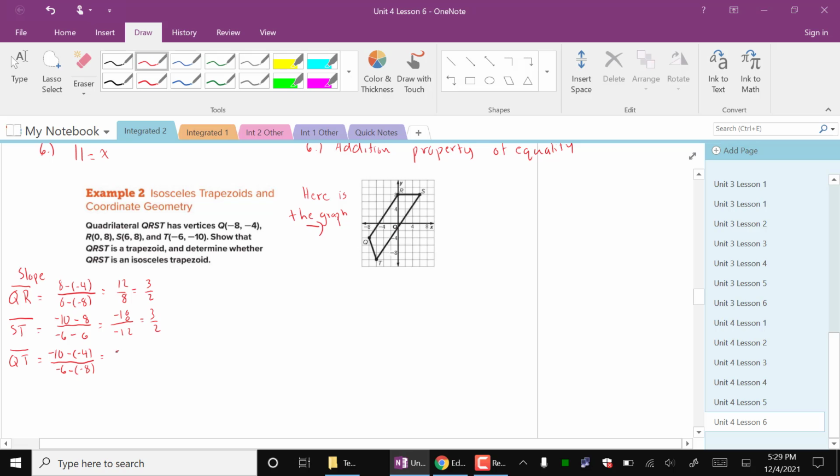That's going to give me negative 6 over 2, or negative 3. Lastly, RS: that's 8 minus 8 over 6 minus 0. 8 minus 8 is 0, and 6 minus 0 is 6, so that's going to be 0. So these are not parallel. These are parallel. So that means trapezoid.